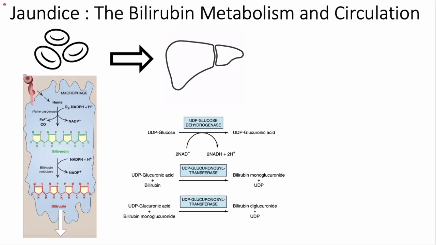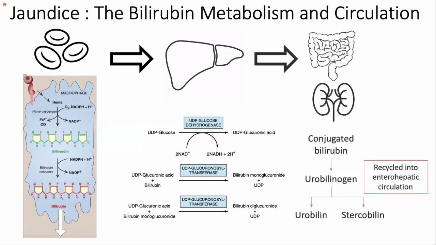The bilirubin then undergoes conjugation by the enzyme UDP glucuronyl transferase. It is converted to bilirubin monoglucuronide, and then a second conjugation occurs, converting it to bilirubin diglucuronide. This is the state of conjugated bilirubin. Later on, it is mixed with bile and excreted into the biliary tree and then into the duodenum.